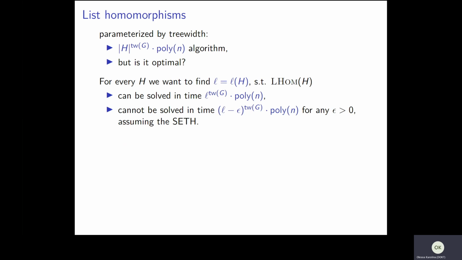For every graph H, we want to find a constant, which must depend on H, such that this list hom H problem can be solved in time L to the tree width, but cannot be solved any faster, assuming the SETH of course.